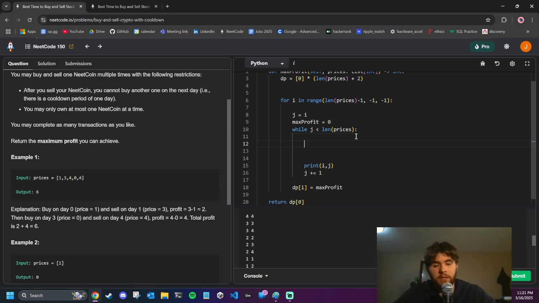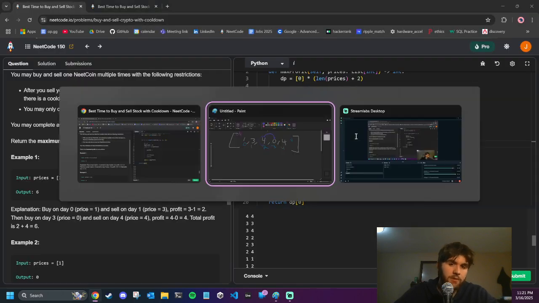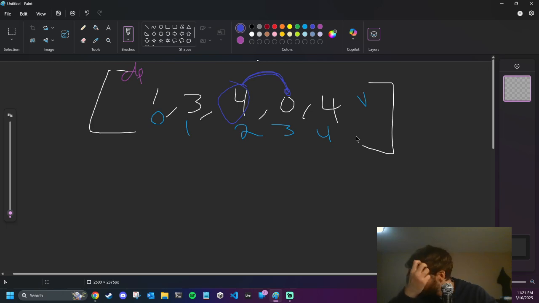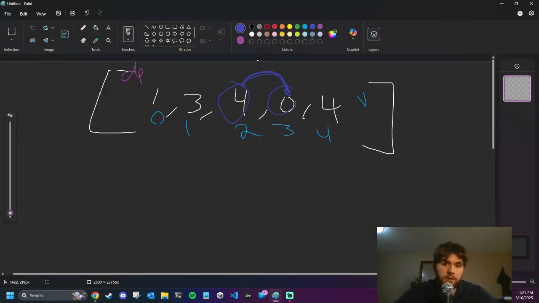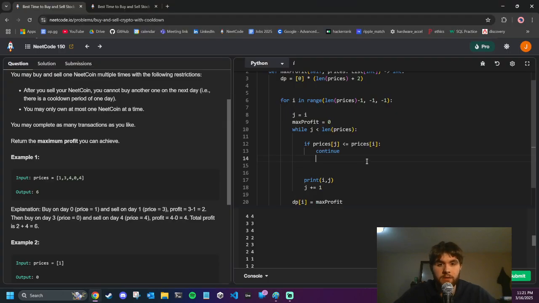So we would say profit equals, well, first of all, if prices of j is less than or equal to prices of i, if this is less than or equal to this one, we just want to skip it, and that'll solve when it bounces on itself.